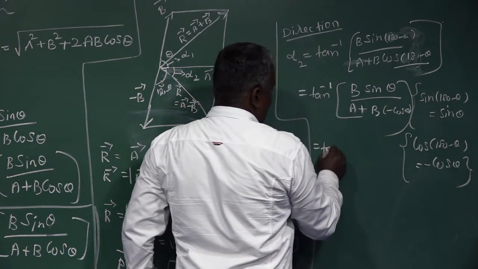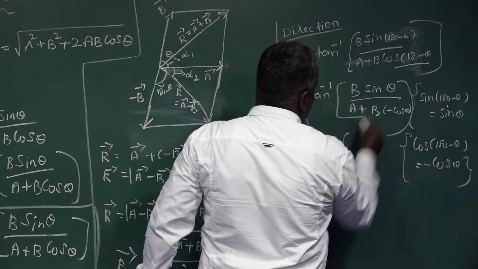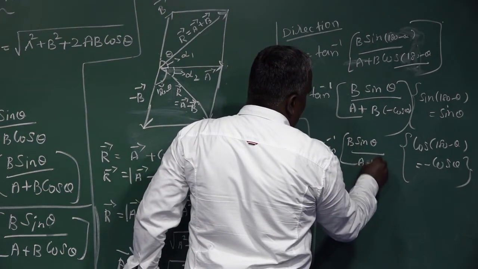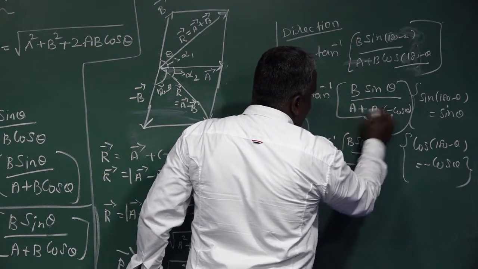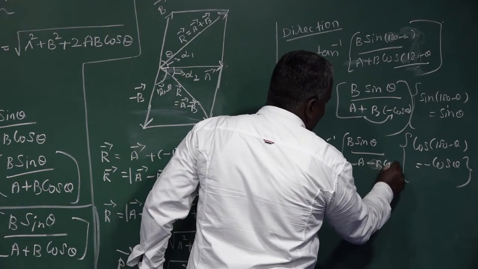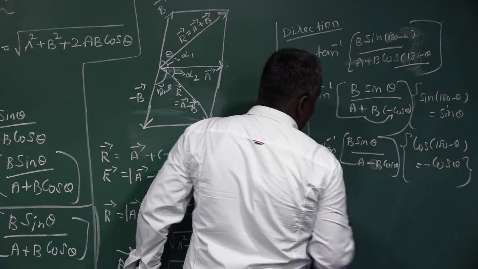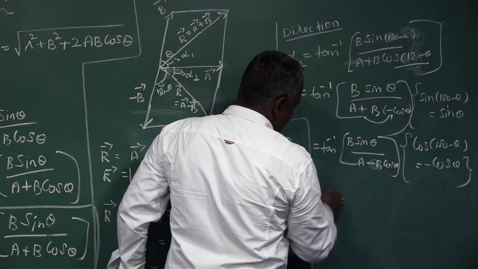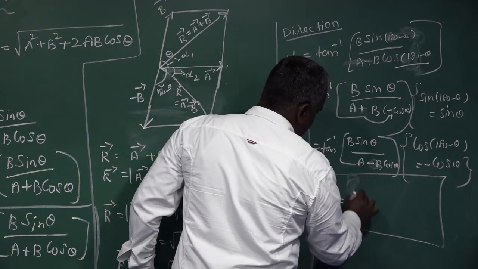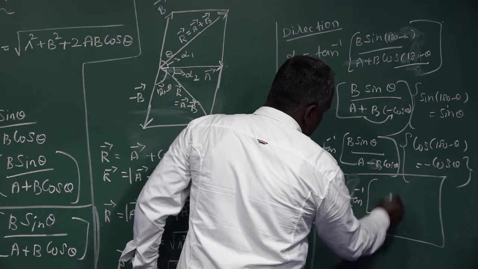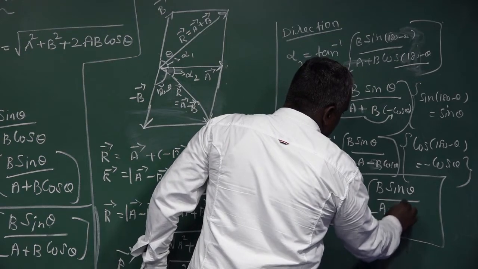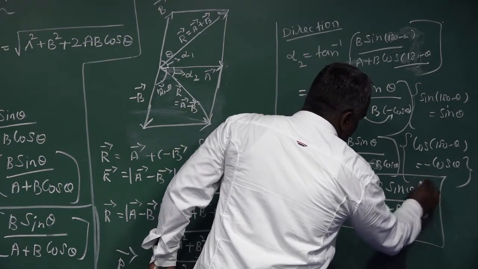Now tan inverse of B sin theta by A plus into minus, that is minus B cos theta. Therefore alpha 2 is equal to tan inverse of B sin theta by A minus B cos theta.